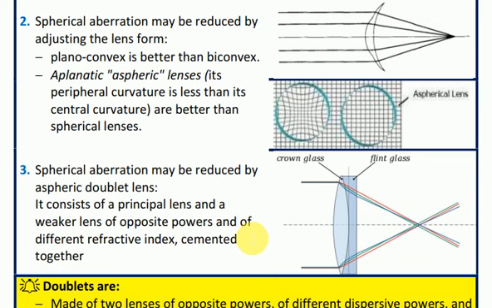To employ a doublet, this consists of a principal lens and a somewhat weaker lens of different refractive index. They are cemented together. The weaker lens must be of opposite power, and because it too has spherical aberration, it will reduce the power of the periphery of the principal lens more than the central zone.